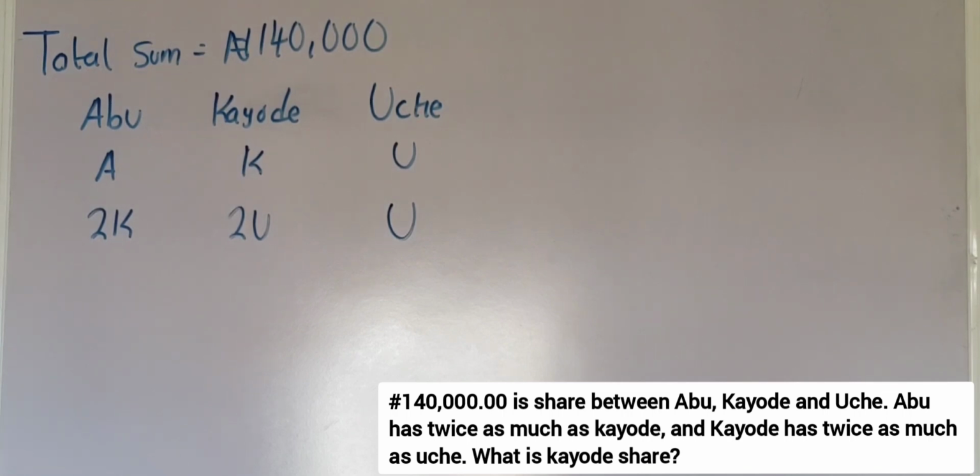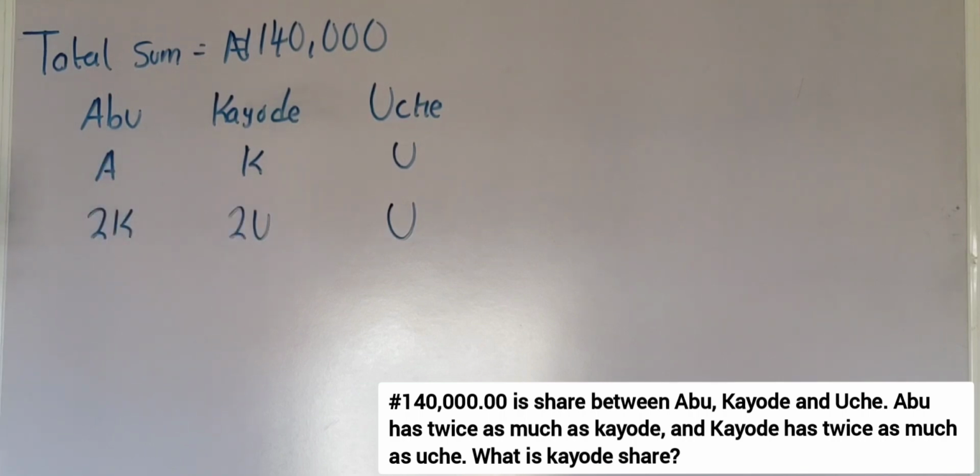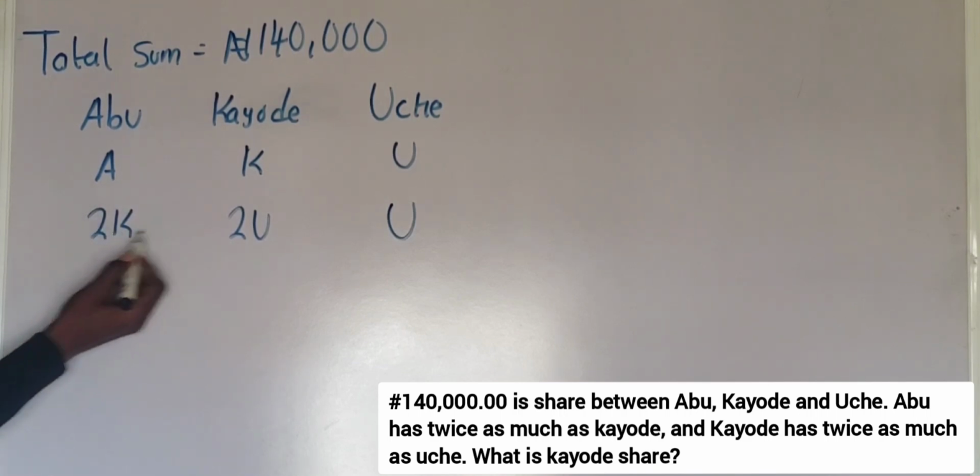Don't forget that from the question we've been given that Abu has twice as much as Kayode and Kayode has twice as much as Uche. If I want to express Abu's share in terms of Kayode's share, I can say that it is 2k, since k is equal to 2u.